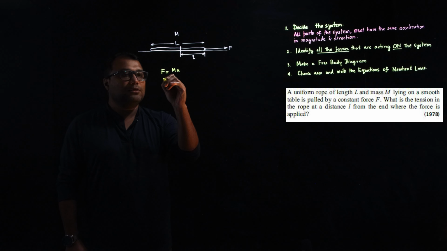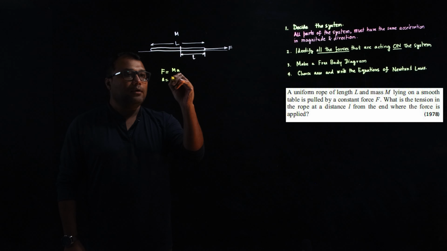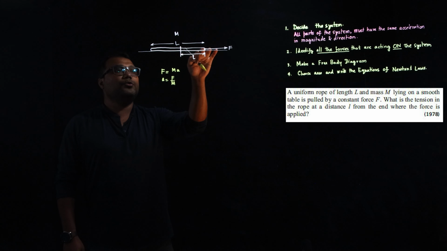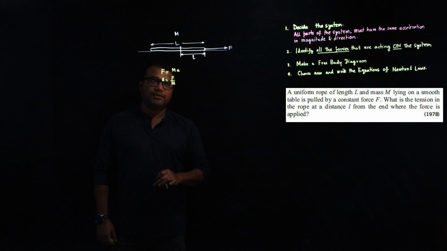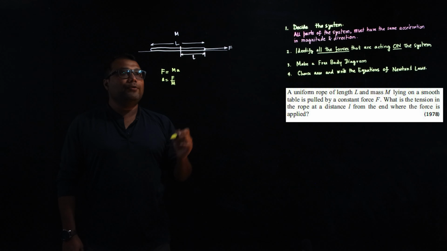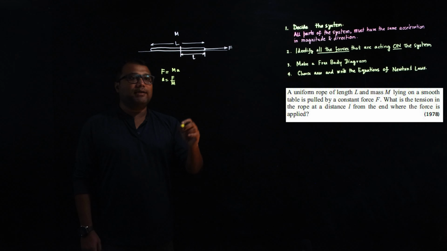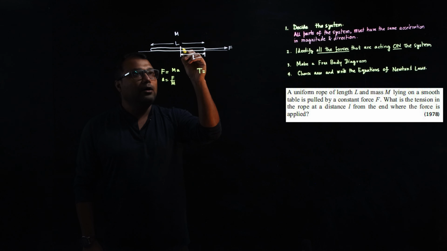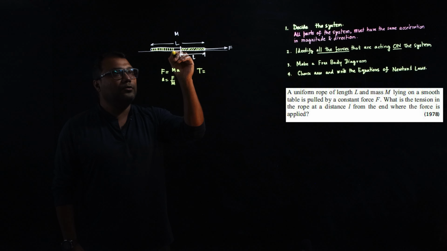So the acceleration of the rope is F by M. Now each point on this rope is accelerating with the same acceleration because it's a continuous rope. So at this point, if we want to find the tension, it is responsible for the acceleration of this part of the rope.